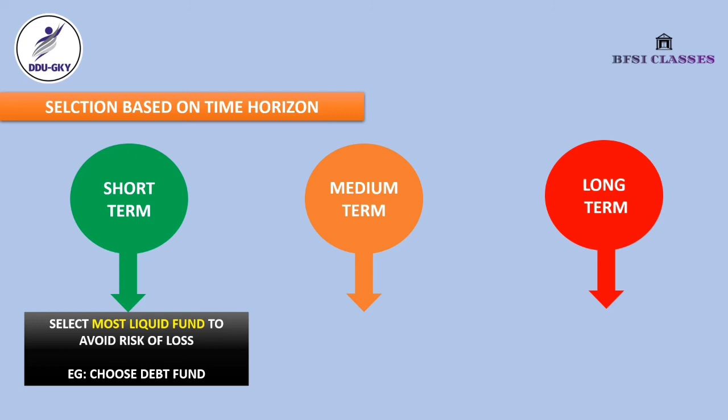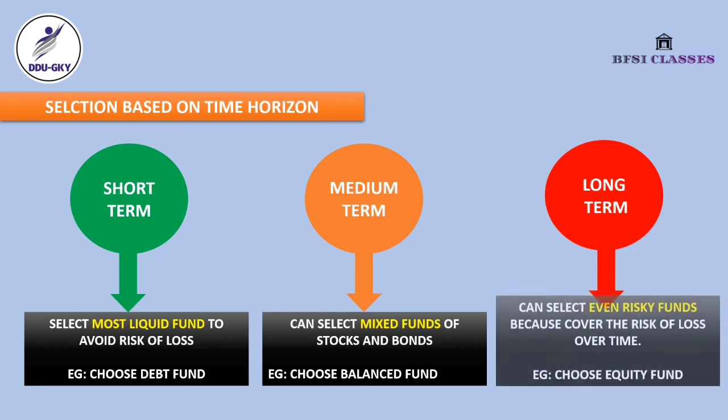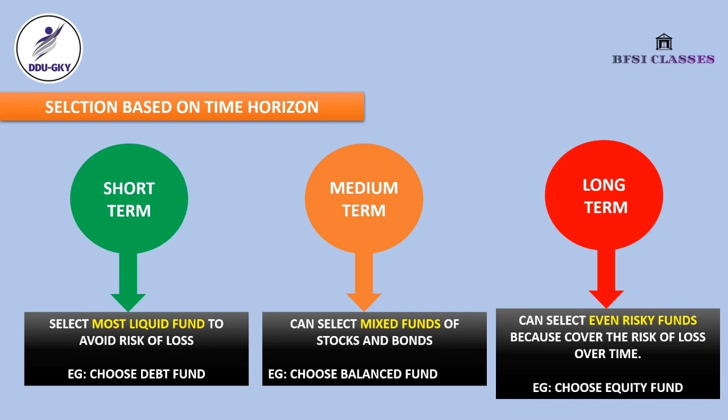In the medium term, that means 5 to 10 years, the investor can select mixed funds, stocks and bonds. That means choose balanced funds. Long term means a period above 10 years. In this period, an investor can select even risky funds because time covers the risk of loss. So in this period, an investor could choose equity funds.